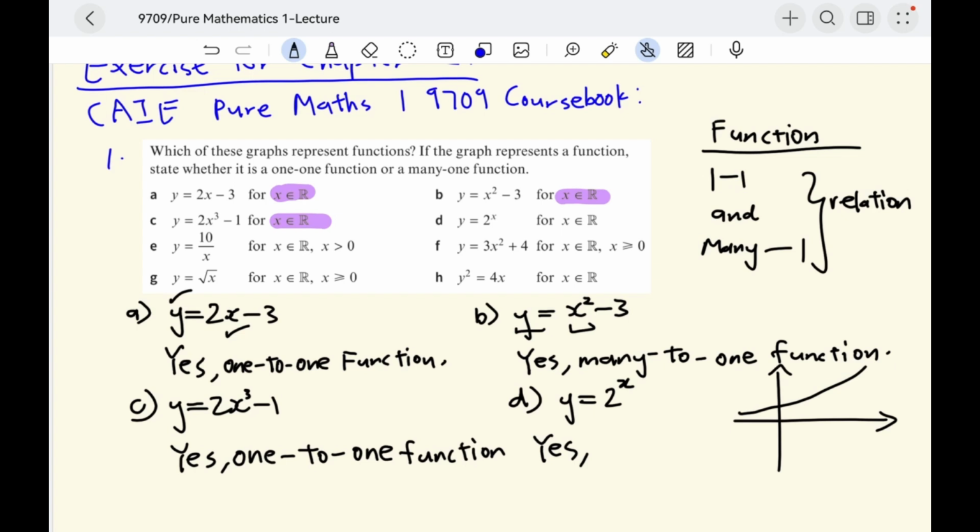You will learn this in your A2 chapter 2, the exponential and logarithmic functions. If you do the horizontal line test or vertical line test, each domain value has a different image, so it is a one-to-one function.